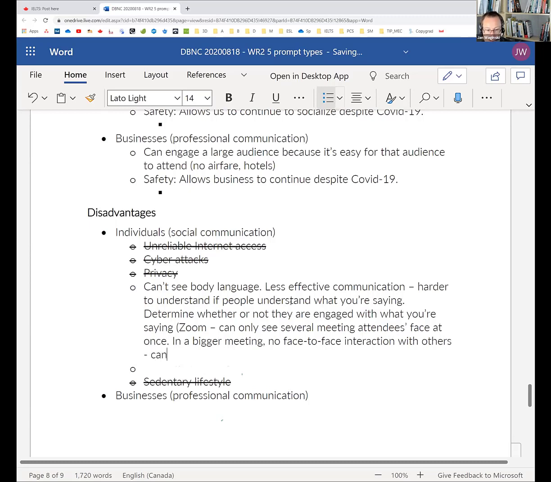Obviously, you can't see if they are engaged, if they understand. And I think as a doctor, you could just use that as an example. If you have to do Zoom meetings versus face-to-face meetings, you're going to lose a lot of that body language, right?